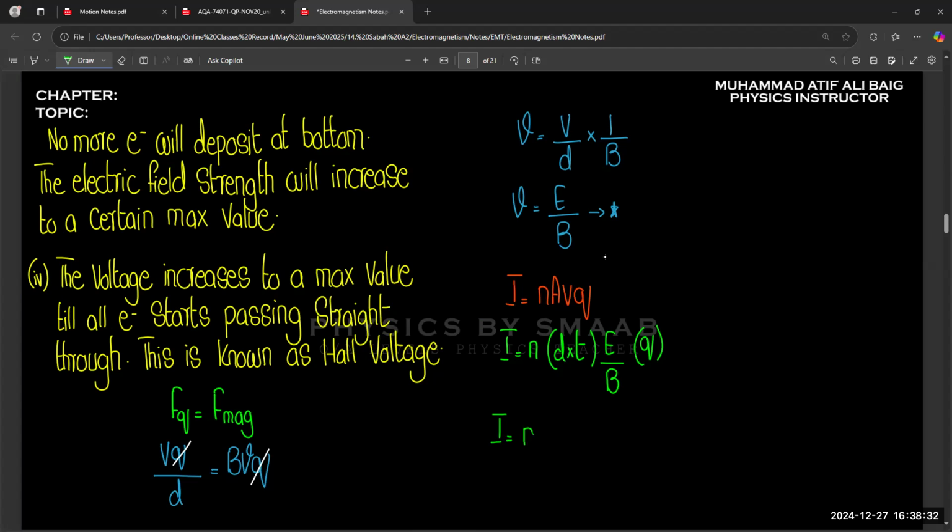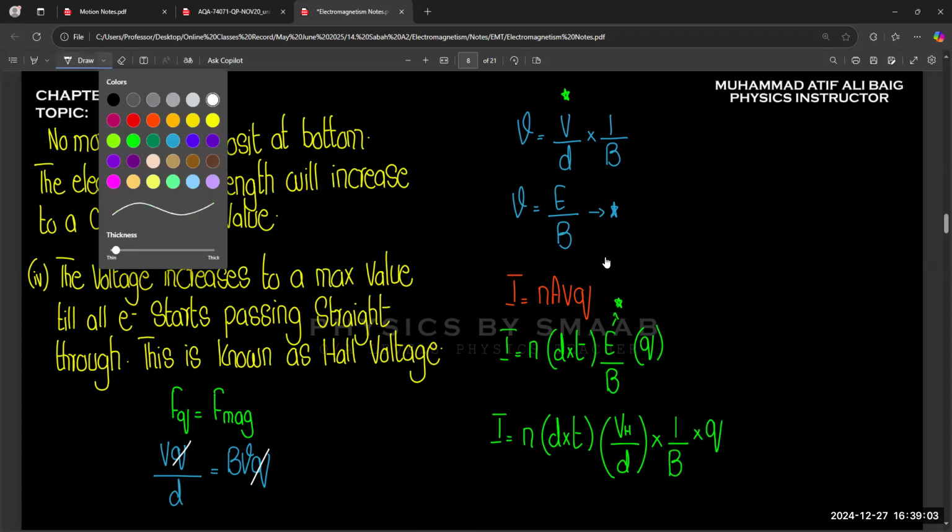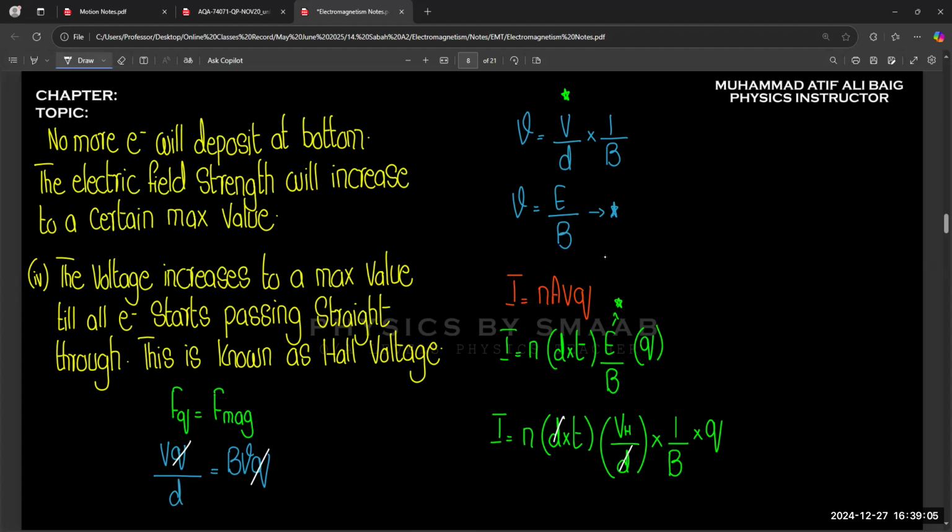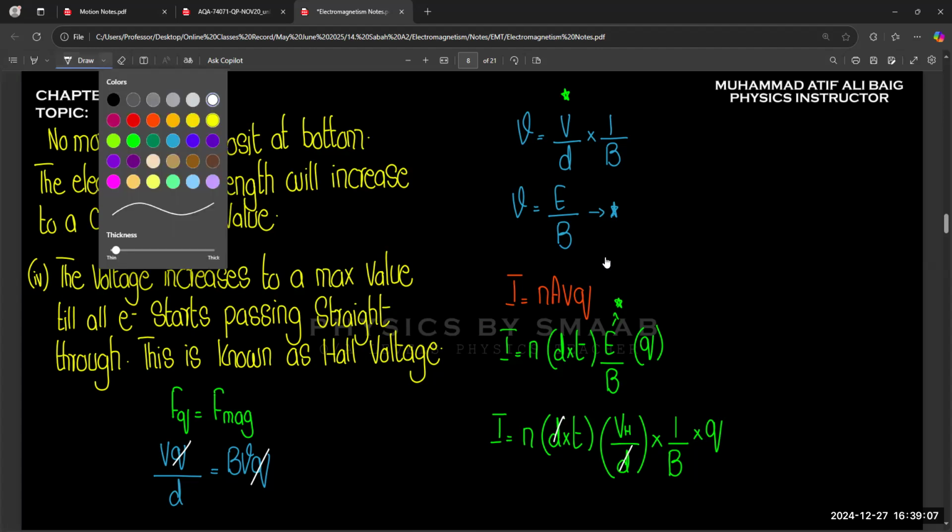I is equal to N D into T. And if we again split this value of E like this, V over D, this V becomes Hall voltage divided by the distance, multiplied by the same 1 over B into Q. So D and D cancel out each other. And finally, we got an equation like this.